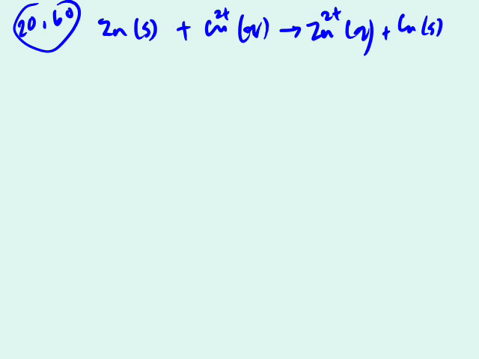Now, the question is, under standard condition, what is the maximum electrical work that can be obtained if 50.0 gram of copper is formed?